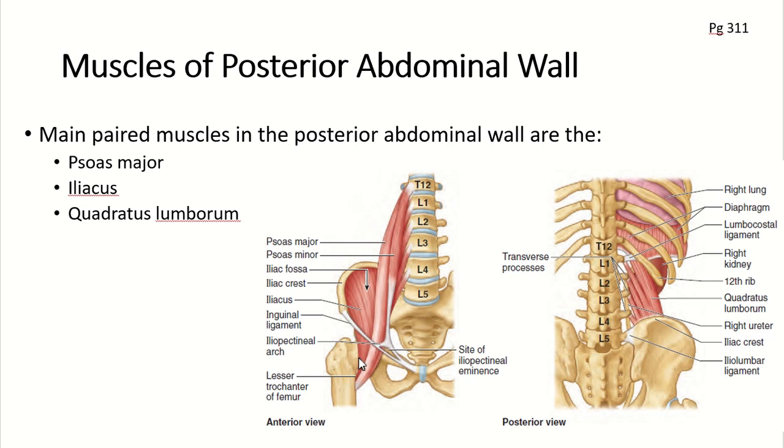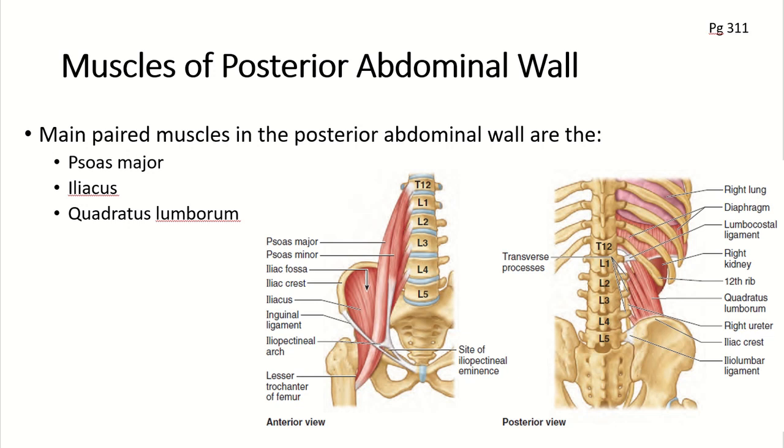But in addition to its role here as a chief flexor, it also serves to stabilize the hip joint, and it helps maintain the erect posture of this joint. Okay? So while together the psoas and the iliacus share in hip flexion, only the psoas can actually produce that flexion or lateral bending movement of the lumbar vertebral column because of its line of pull and its attachments on the vertebrae themselves.